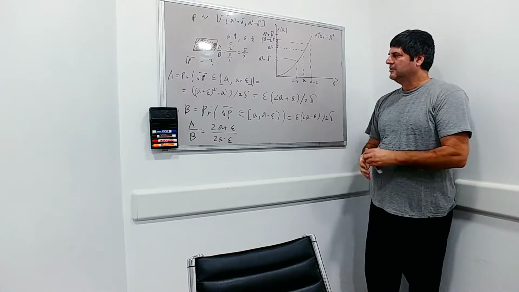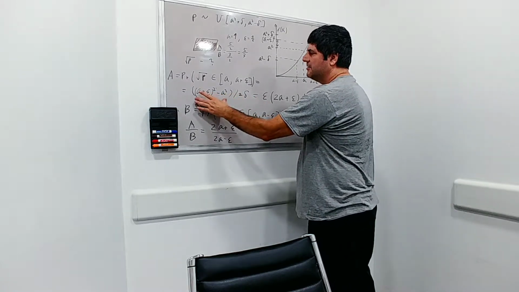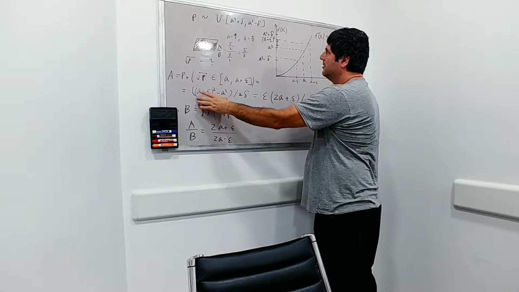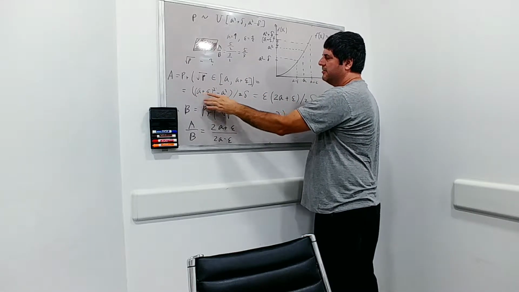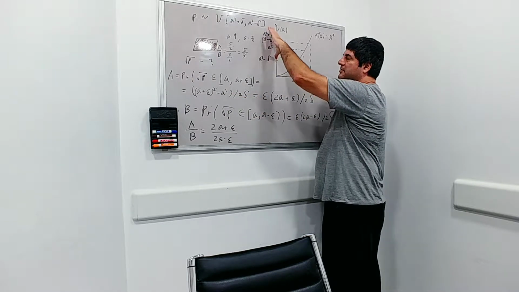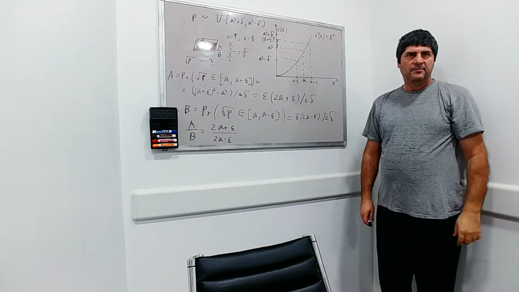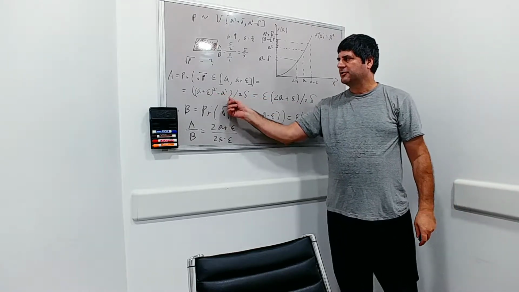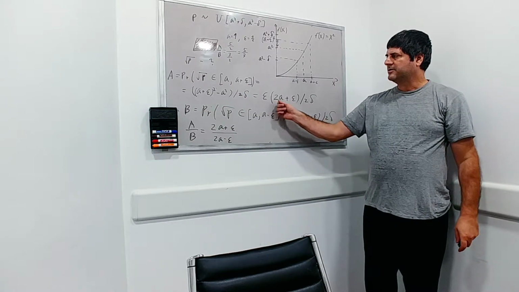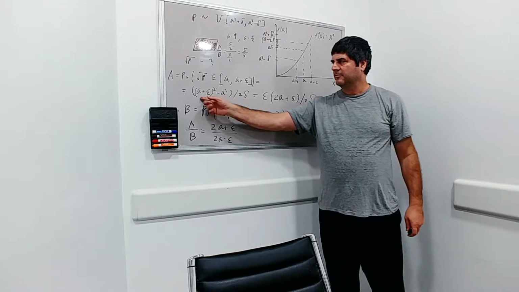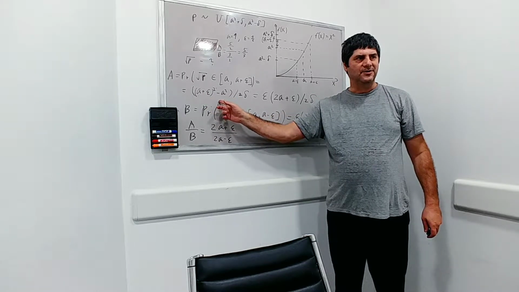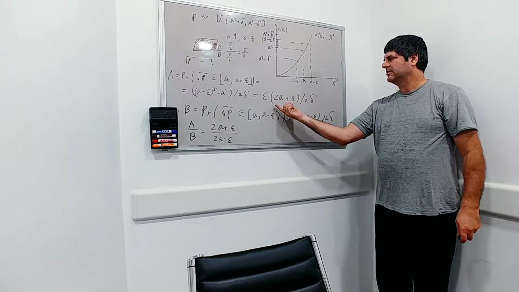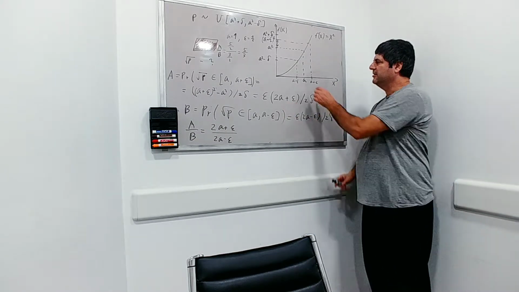Okay? So basically that's the segment that I'm interested in. And the probability of getting that is this length divided by the length of this segment, which is 2 delta. Okay? Now if you follow the algebra, this is epsilon times 2a plus epsilon, over 2 delta. Why? Just simply open this. Okay, you see that? So this is the probability of getting here.